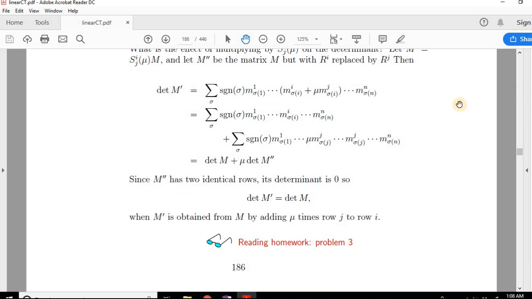So here's the basic expression here that you're looking at a product. If it's an n by n matrix, you have a product of n terms. The upper index is the row index, lower index is the column index, and the column indices are a permutation of the row indices. So the numbers 1 through n all appear in the row index, and they also all appear in the column index, but they're scrambled.